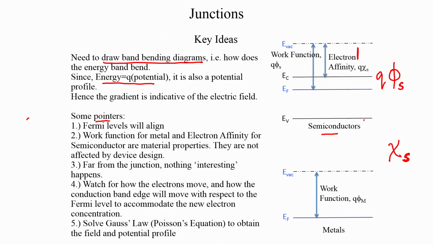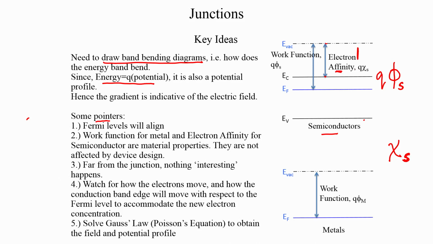So you cannot really change this energy difference between the vacuum energy level and the conduction band edge. So that is a useful pointer to remember, which is that the electron affinity for a semiconductor is fixed.